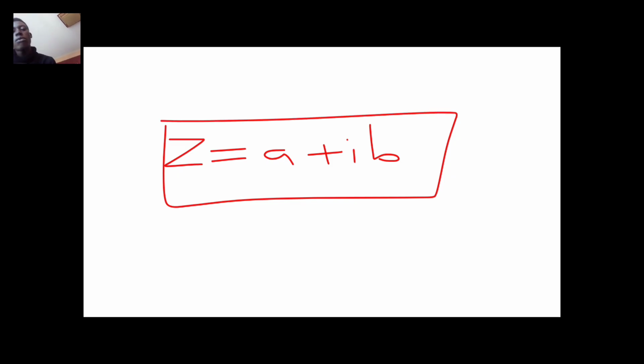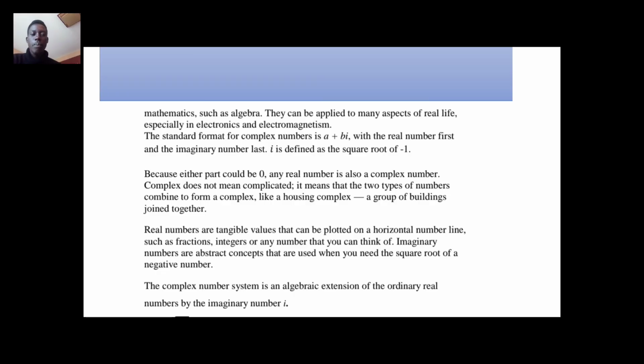So let's rewrite it again in the correct form: z is equal to a plus ib. This is the form of a complex number. A complex number is a sum of a real part and an imaginary part.